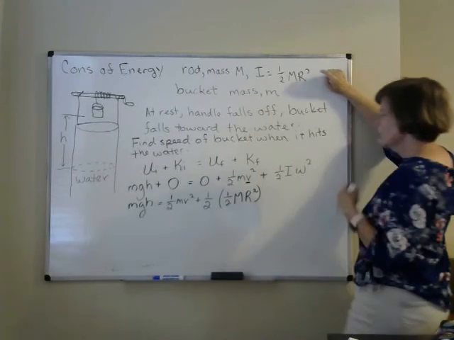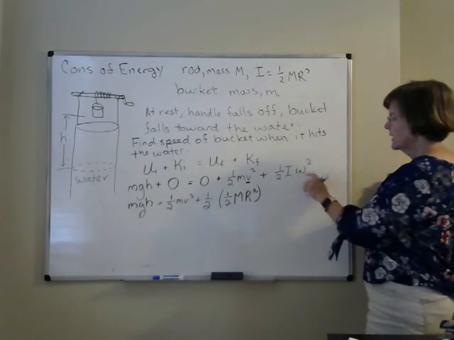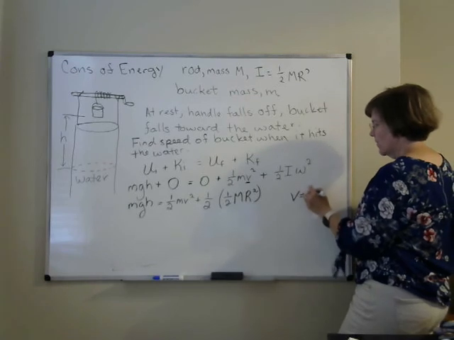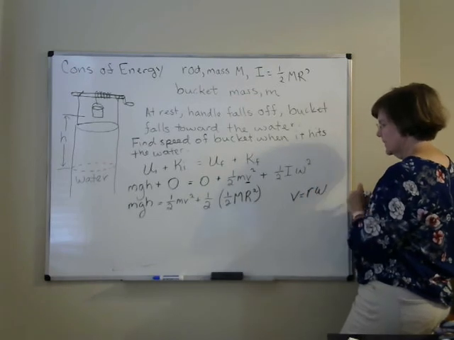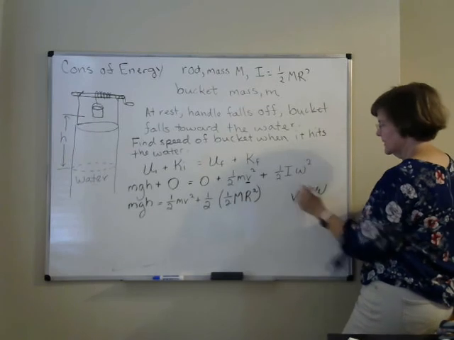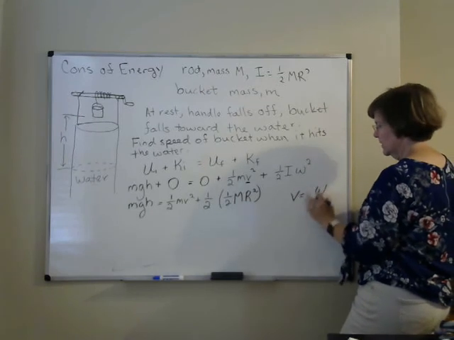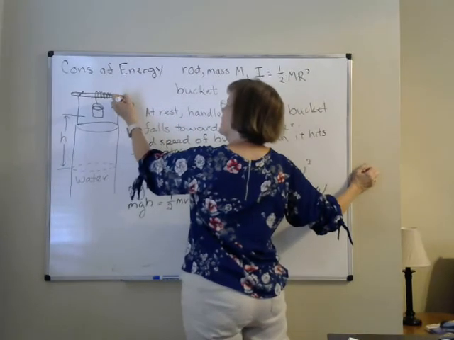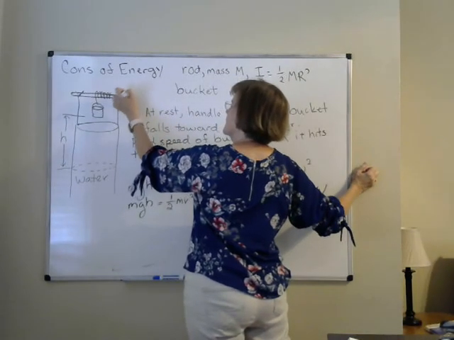There's one more substitution I want to make. I want to get rid of omega. If you remember, V equals R times omega. In this case, this would be capital R, because it would be the radius of this disk, whatever that little tiny radius is.